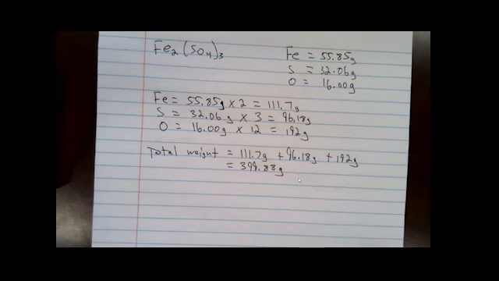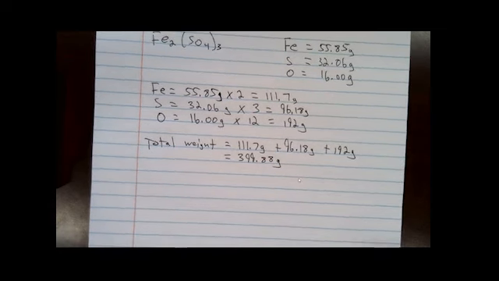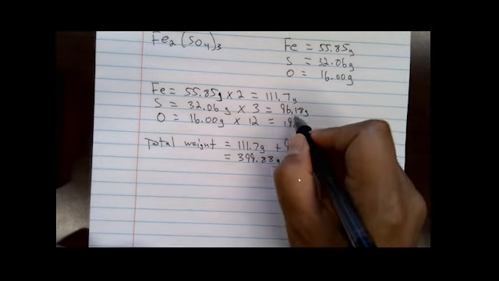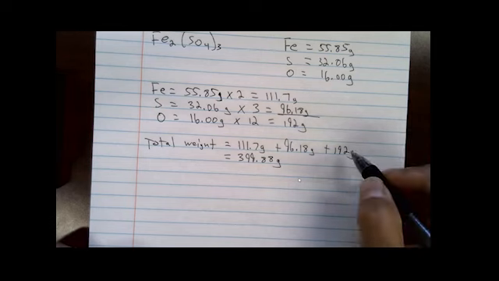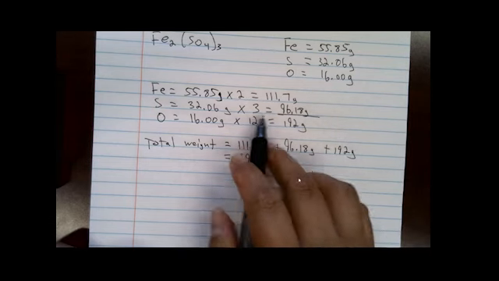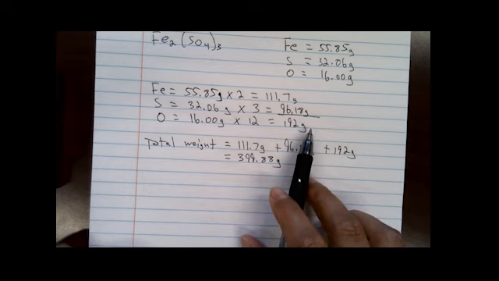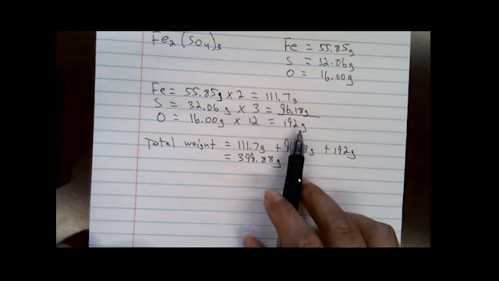Now, to find the percent sulfur in the molecule, we know how much sulfur we have in this molecule: 96.18. We calculated that when we were tallying up all the weights of the individual elements in the molecule.